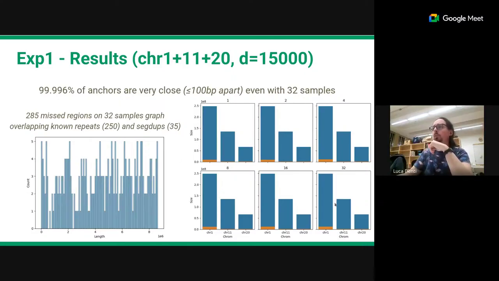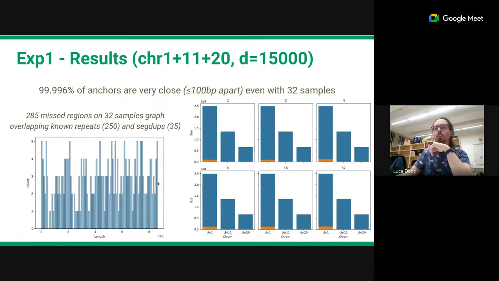I checked those here on chromosome 32, these red parts. We have 285 missed regions, but they overlap non-repeats or segmental duplications. So they are quite complex regions of the genome, and this is the distribution of their length.